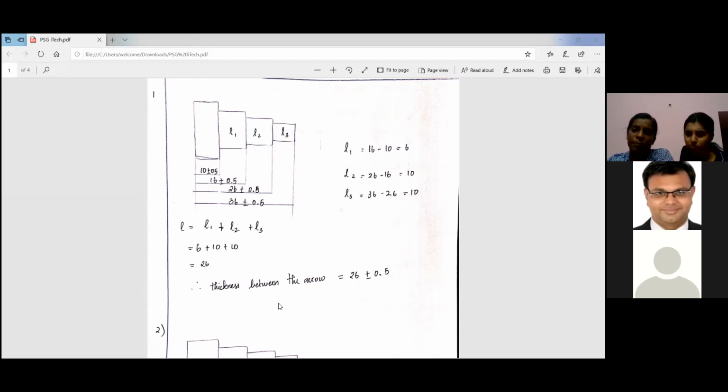You should not directly subtract the tolerances. Instead, when you're going for a baseline method, you have to add the tolerance. So 0.5 plus 0.5, how much does it come? It comes as 1. So it is 26 plus or minus 1. You got it? Yes, sir.